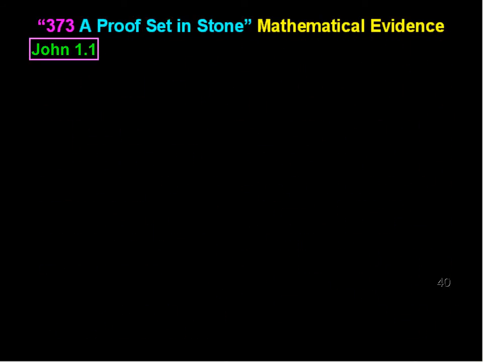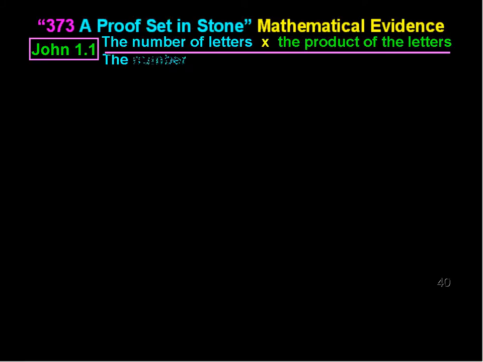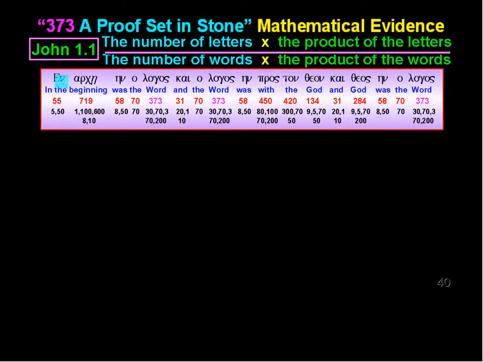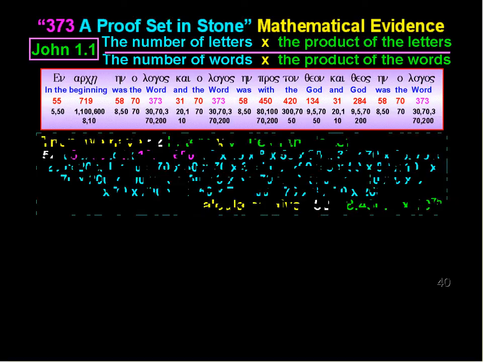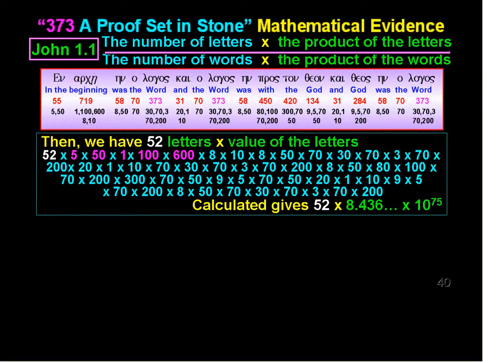Then again, the formula for John is the number of letters times the product of the letters divided by the number of words times the product of the words. In the beginning was the Word, and the Word was with God, and the Word was God. Then we have 52 letters times the value of the letters, which is 52 times 5 by 50 by 1 by 100 by 600, and so on. Calculated gives 52 times 8.436 times 10 to the power of 75.